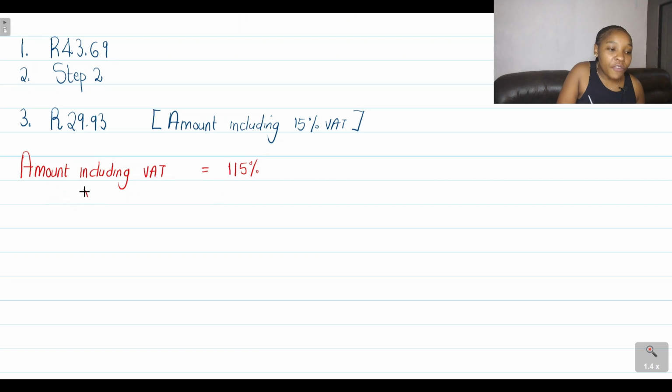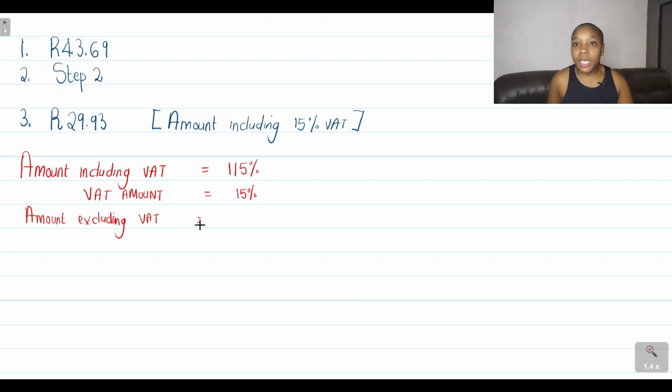Your VAT amount is equal to 15%, and then your amount excluding VAT. How would you get your amount excluding VAT? It's your amount including VAT of 115% minus your VAT amount of 15%, to give you your 100%. So your amount excluding VAT is your 100%.